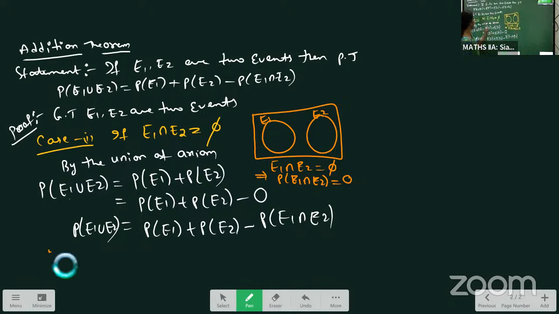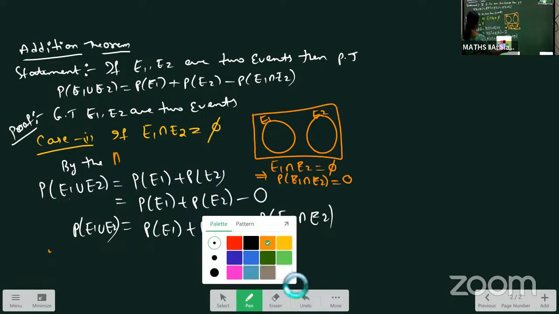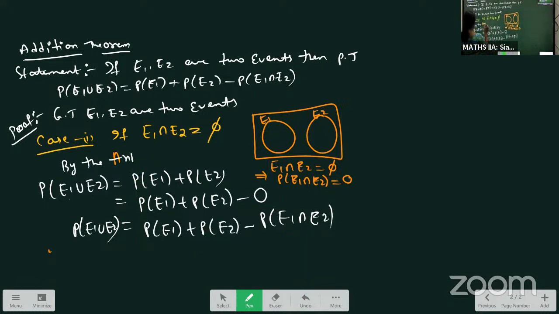By taking the axiom of union, P of E1 union E2 means P of E1 plus P of E2 minus P of E1 intersection E2, taking 0. So by the axiom of union, you can derive the first part. Now, move to the second part, case 2.